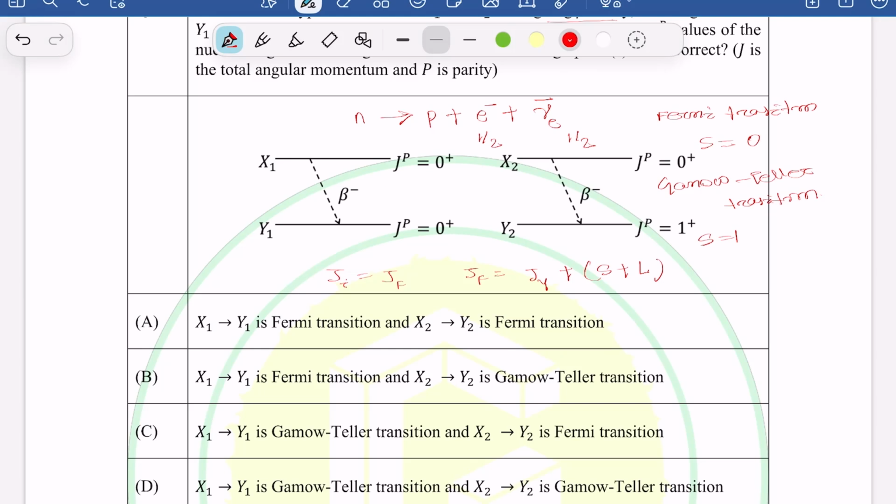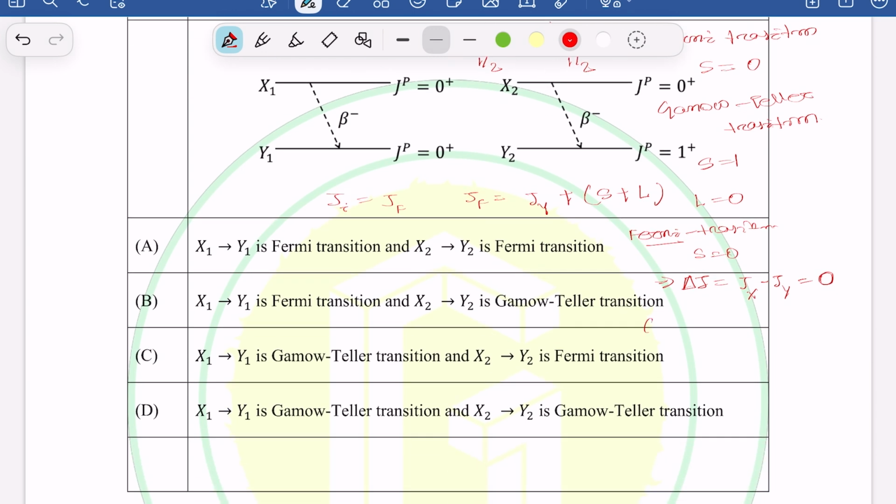So for Fermi transition, S equal to 0 implies delta J, which is equal to J of x minus J of y, should be equal to 0. For Gamow-Teller transition, J x is equal to J y plus S, where S is equal to 1.